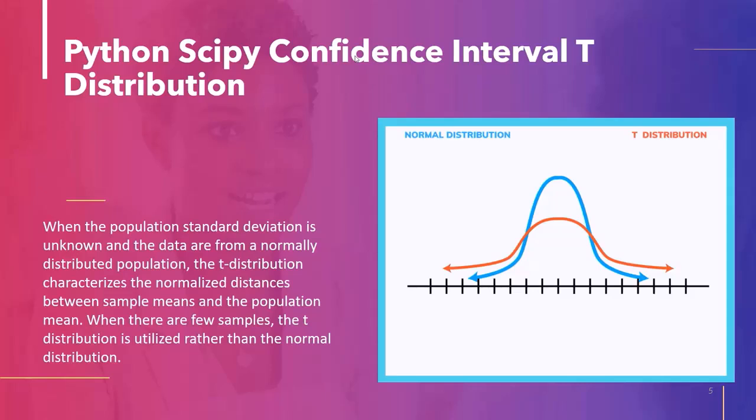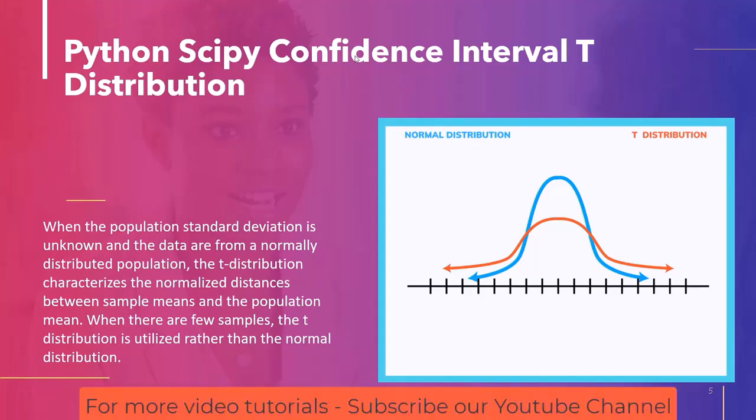The t-distribution describes the normalized gaps between sample means and population means when the population standard deviation is unknown and the data come from a normally distributed population. The t-distribution, commonly referred to as the Student t-distribution, is a collection of distributions that resemble the normal distribution curve but are a little shorter and fatter.